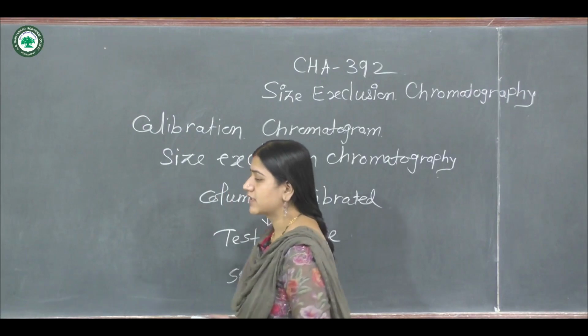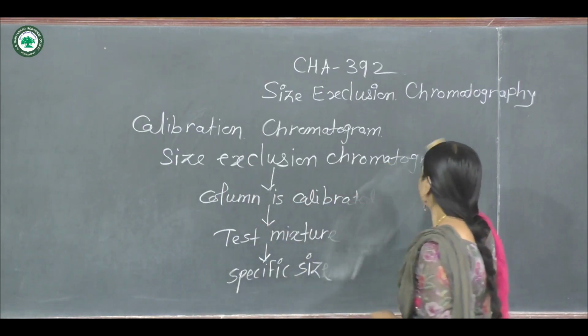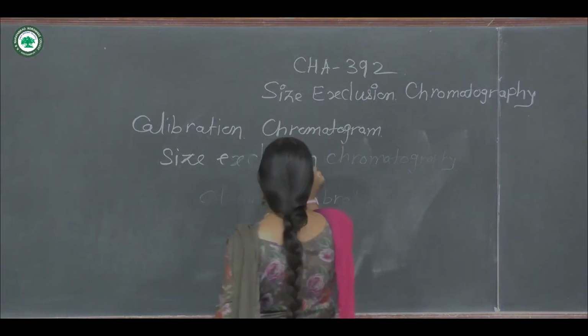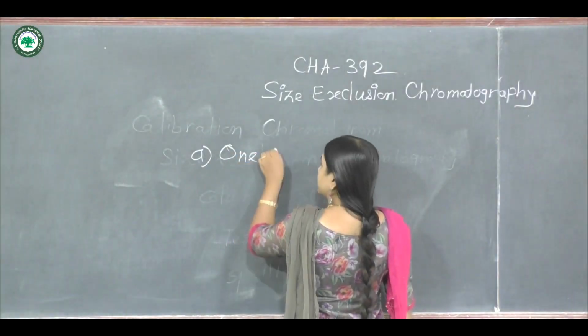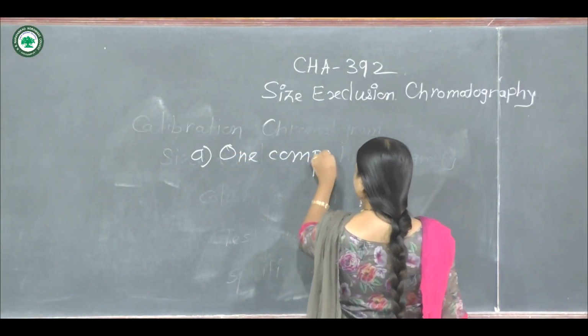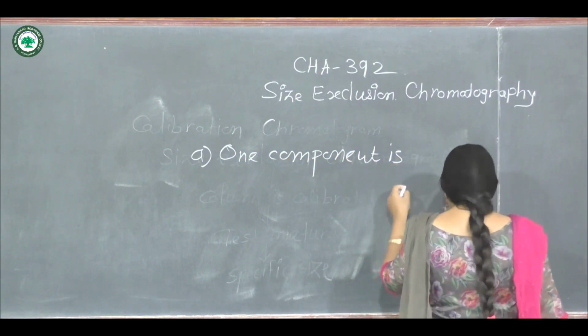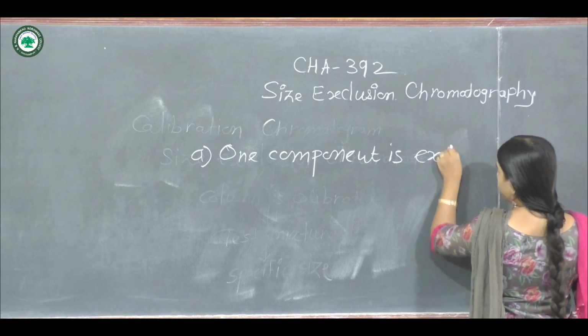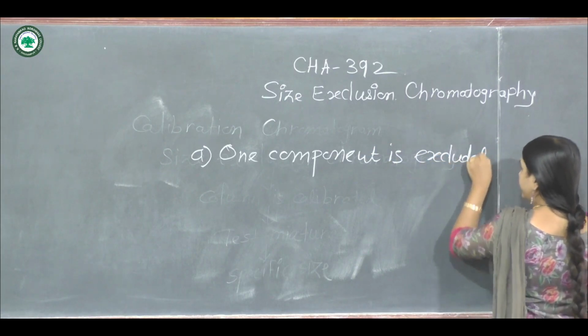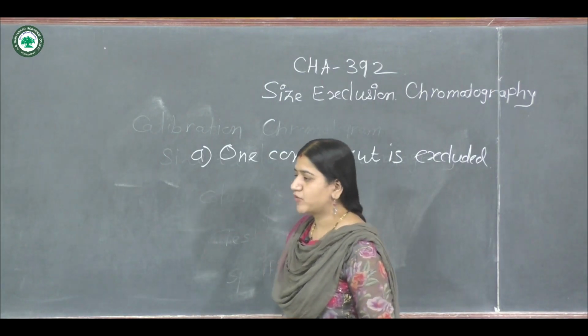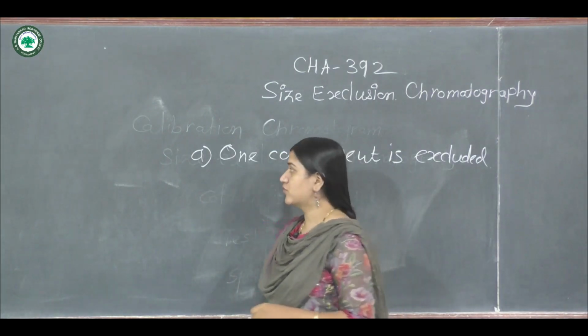So what are these things? The first is that one component should be excluded. Then second, several components partly penetrate through the pores.